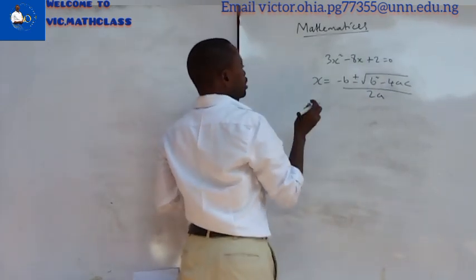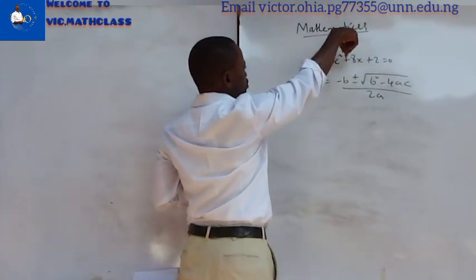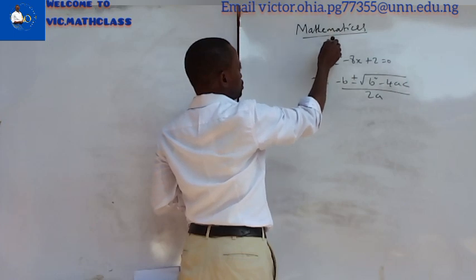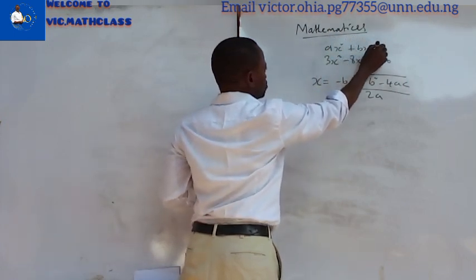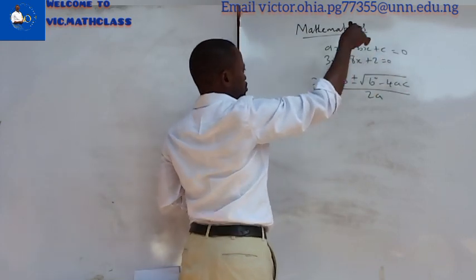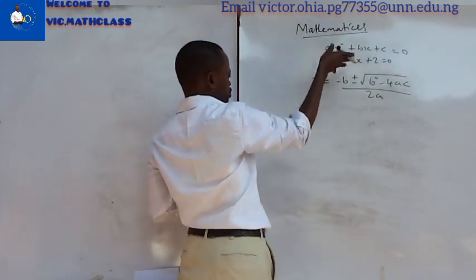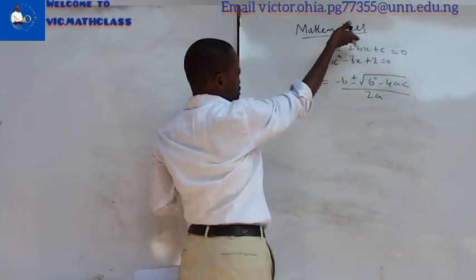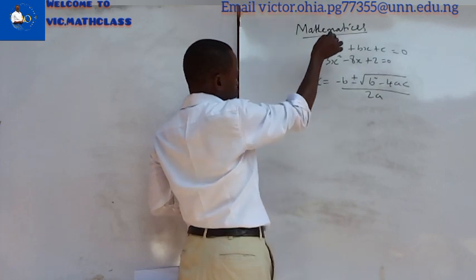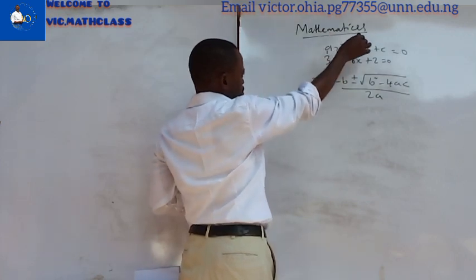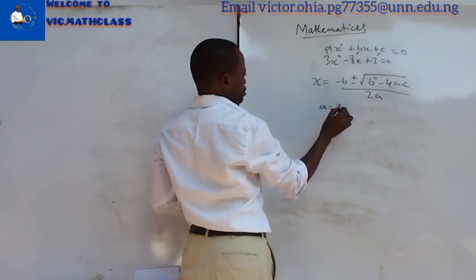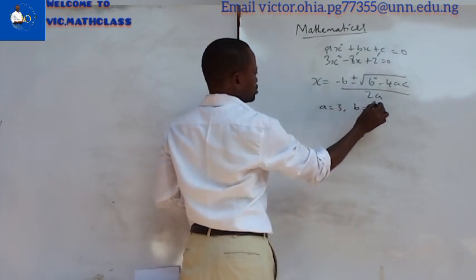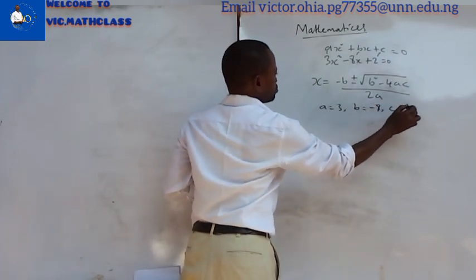This is like ax squared plus bx plus c equals 0, a prototype of this. Here you can see that a is this, b is this, and c is this. So we have a to be 3, b to be minus 8, and c to be 2.